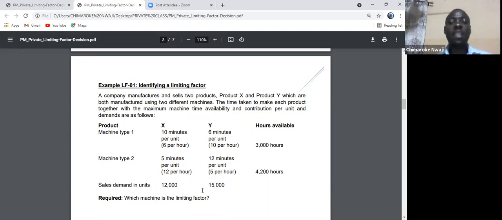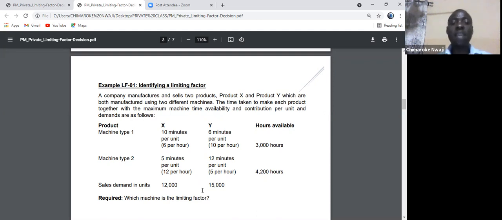The time taken to make each product, together with the maximum time available, contribution per unit and demand, are as follows. Now look at the products X and Y, and the hours available for machine type 1. They said 10 minutes per unit.